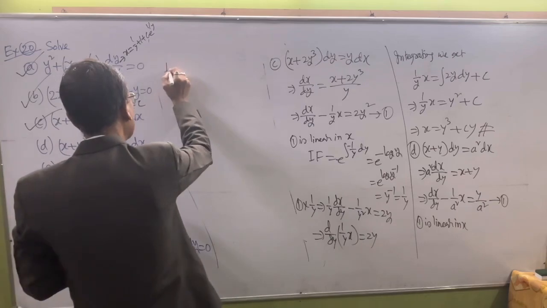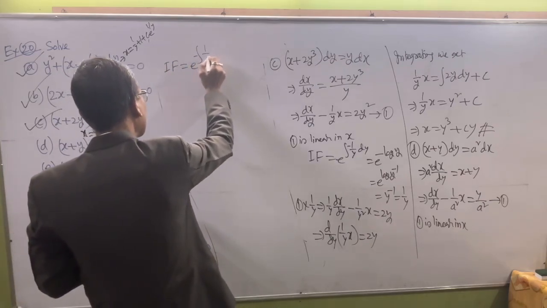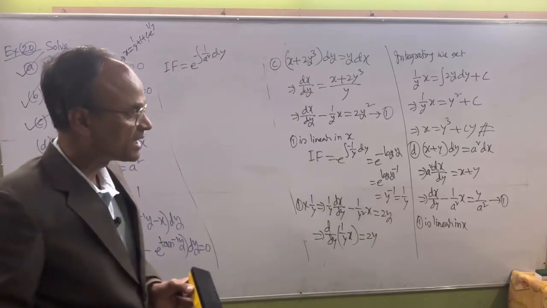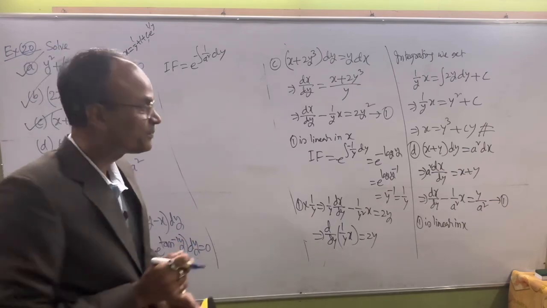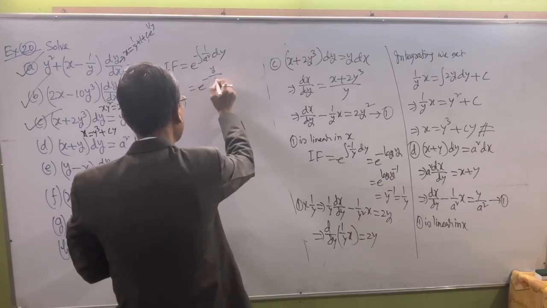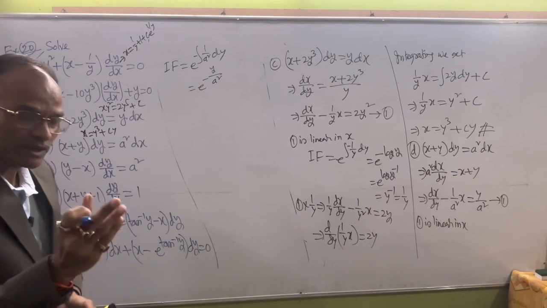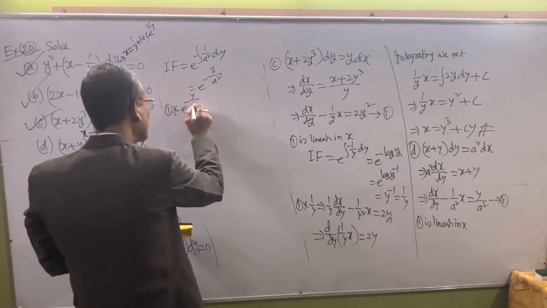What will be the integrating factor? Now see, integrating factor is e to the power integral p, minus 1 by a square dy. The integrating factor will be e to the power minus 1 by a square dy. This is equal to e to the power minus y by a square.